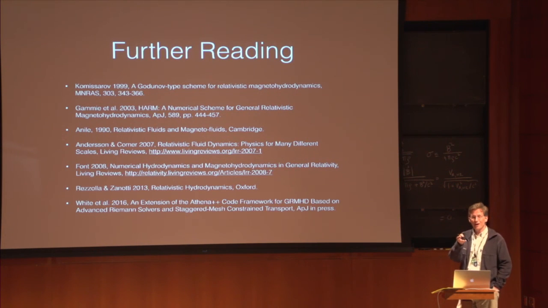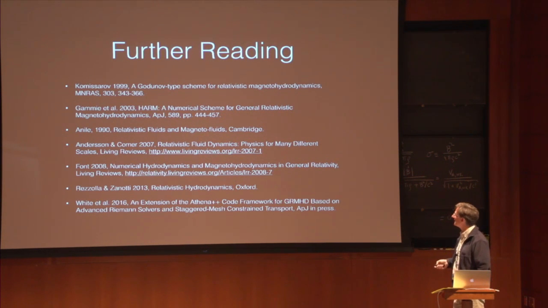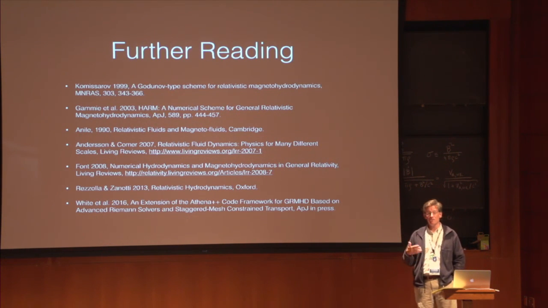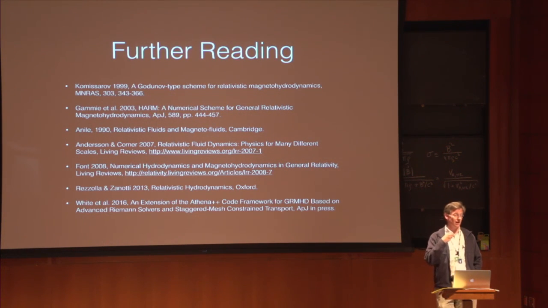A wonderful book by Luciano Rezzolla and Olindo Zanotti on relativistic hydrodynamics. And then there's a recent paper by Chris White on an extension of Athena++ to general relativistic MHD, which describes implementation of a much more sophisticated solver in a general relativistic context.